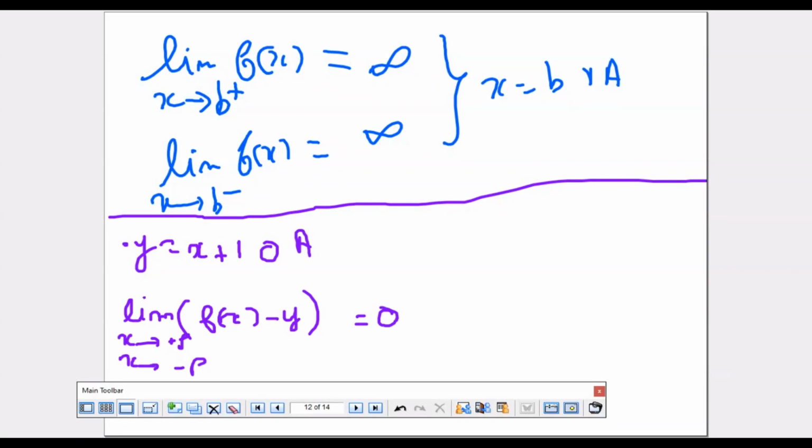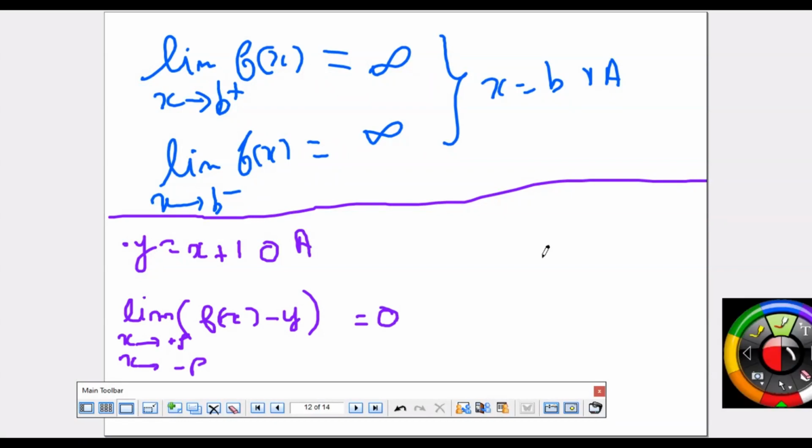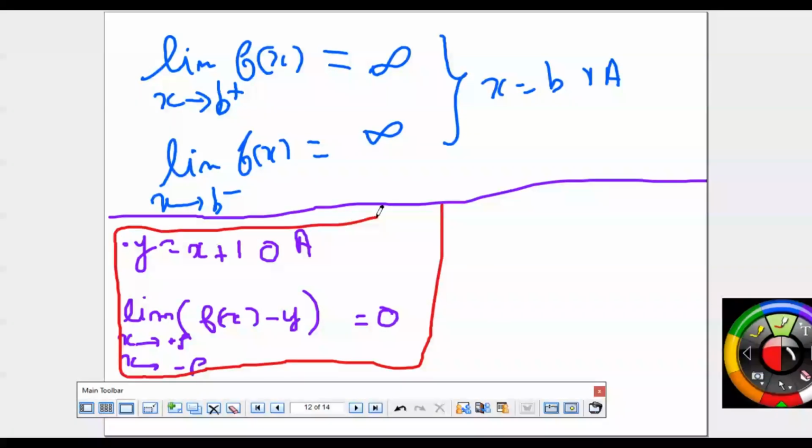Leave it for the moment, because I will do it later as an extra part, since this is not in your book. There's still a small part in the book, but not really deep. So like this, we prove an oblique asymptote. And if I got 0, I can deduce directly that y equals x plus 1 is an oblique asymptote. I will give you this with an exercise later.